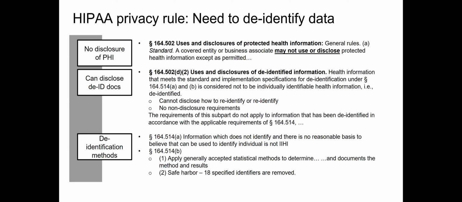The safe harbor basically lists 18 identifiers in the data which need to be removed. And both methods then require that there is no information to identify an individual, and also that there is no reasonable basis to believe that the remaining information can be used to identify an individual human.